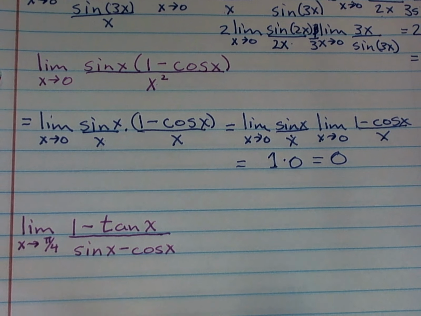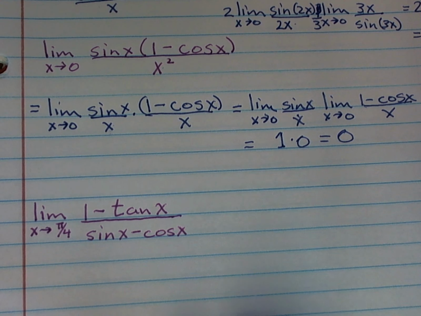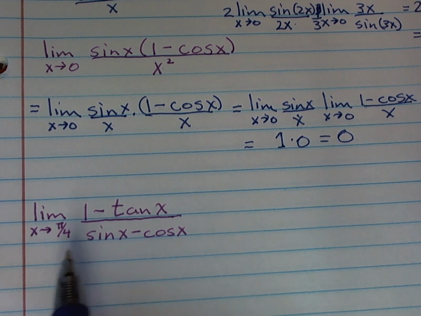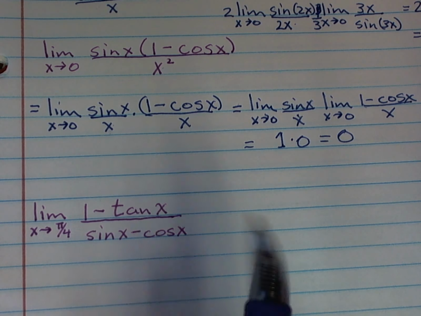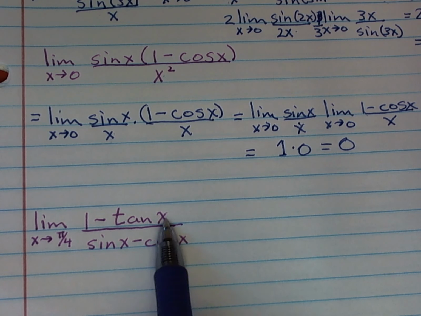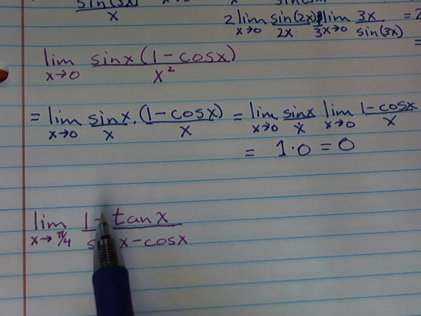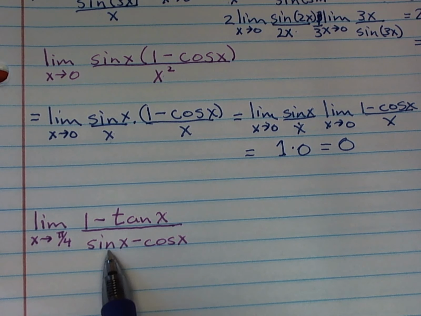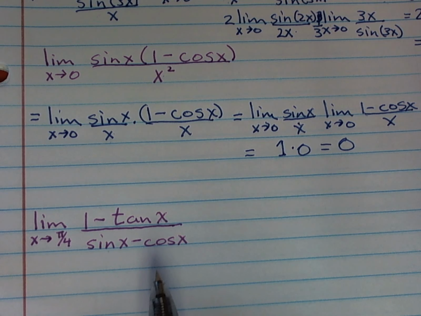Now, I want to look at this one. Remember, the first thing we try to do is plug in and see if maybe we can just plug in and find this limit. And if you do, you get 0 over 0 because tangent of pi over 4 is 1. 1 minus 1 is 0. And then tangent of pi over 4 is the same as cosine of pi over 4.